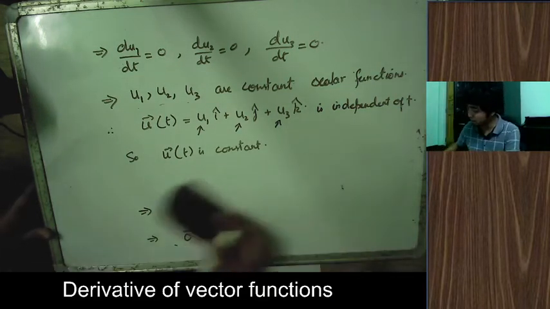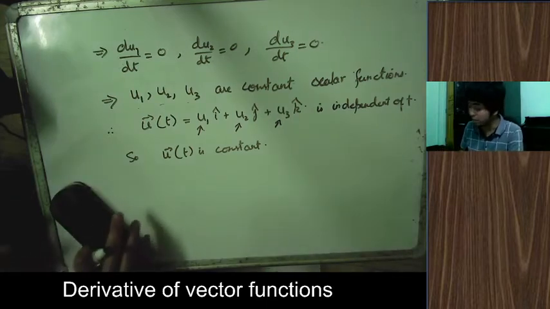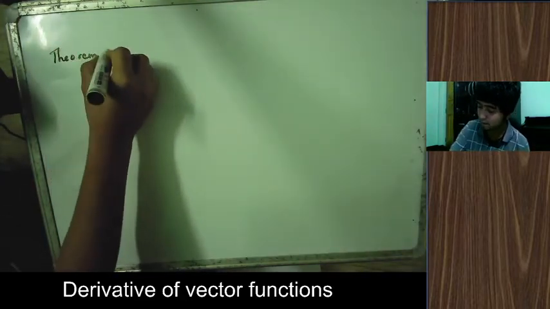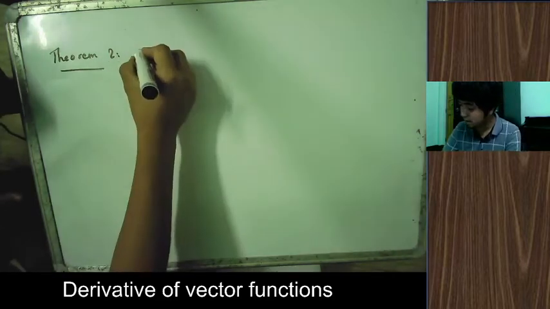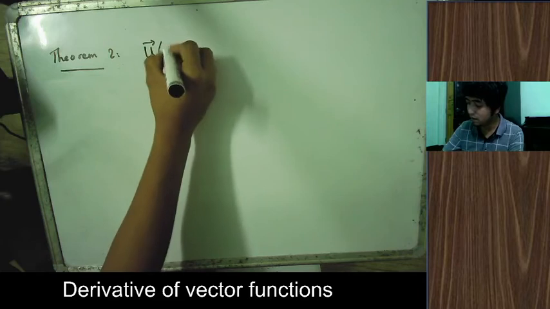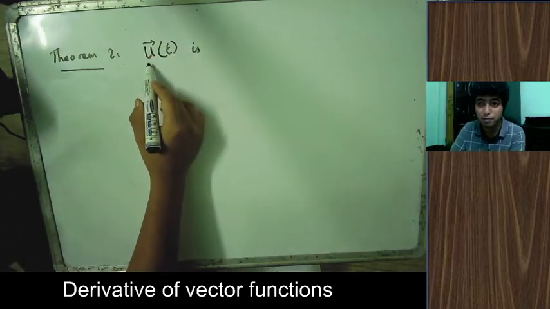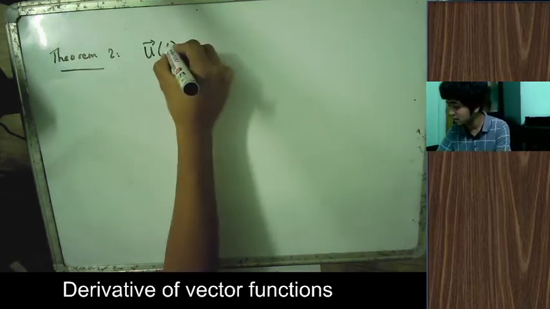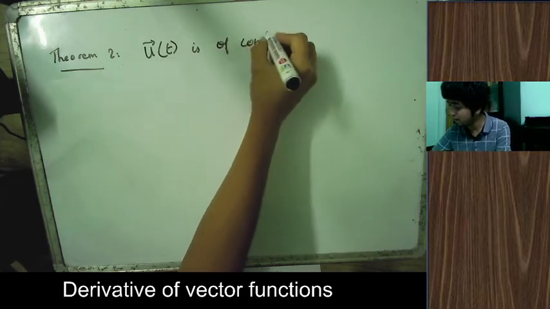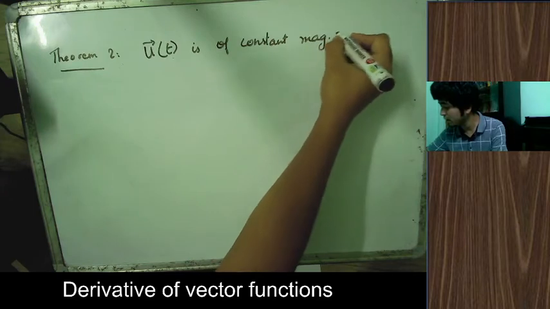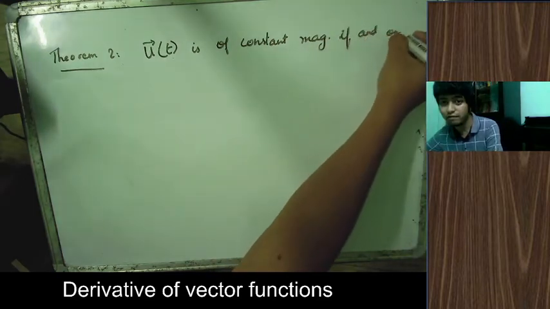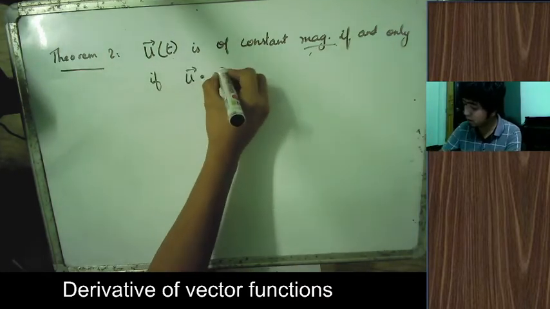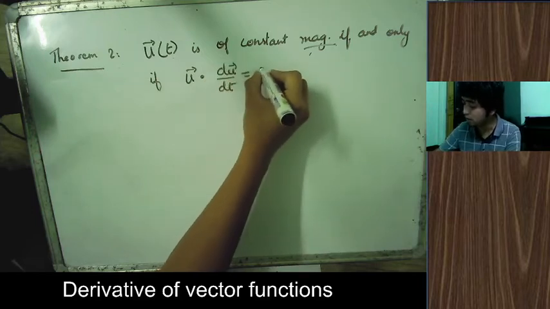Now let us do theorem number 2. The statement is this. u bar(t), again, this is just a notation, or simply you can write it as u bar, is of constant magnitude if and only if u dot du/dt is equal to 0.